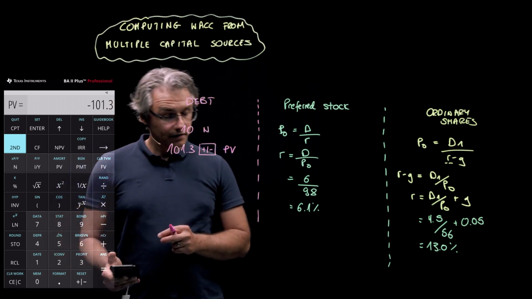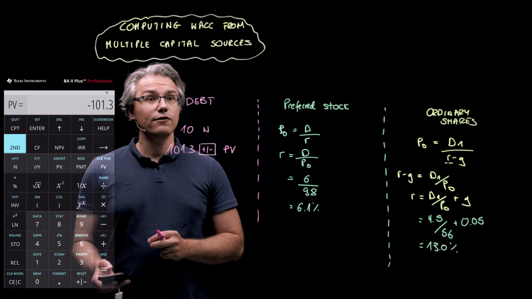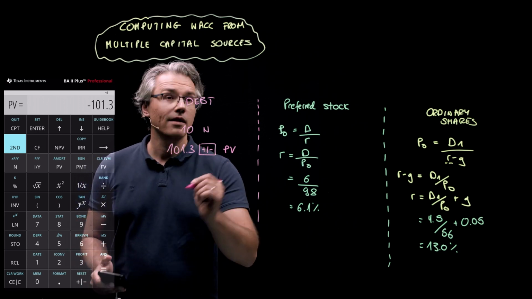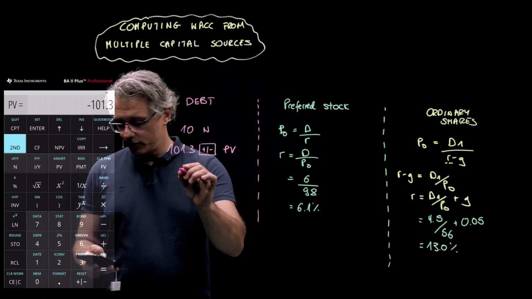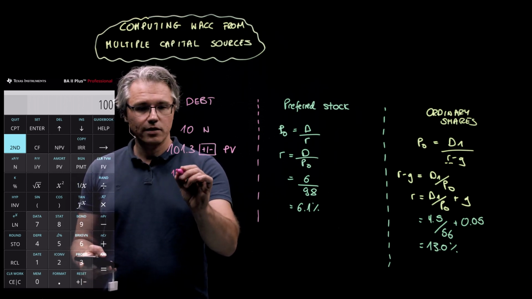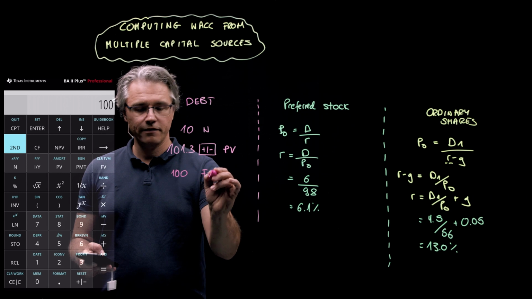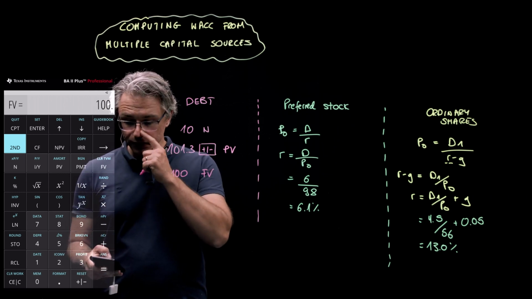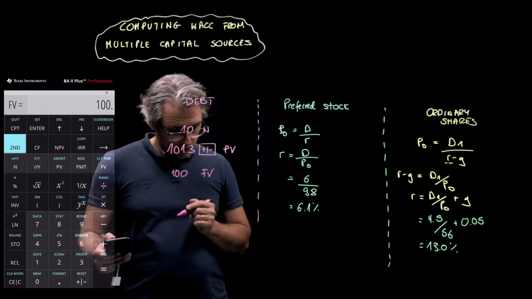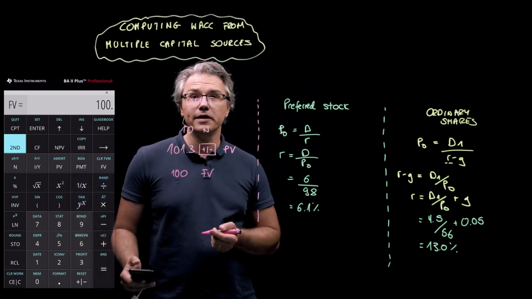The next thing I can tell the calculator is that the future value, meaning when the bonds mature in 10 years' time, is going to be 100. So 100 followed by FV. That's the third input. And I also want to tell the calculator what the coupon is.